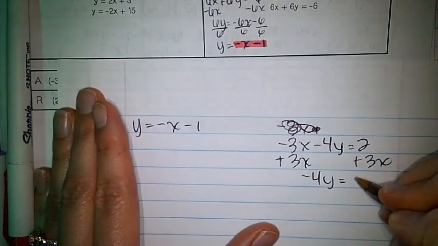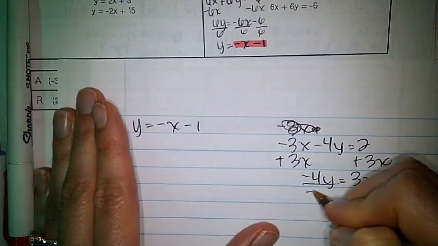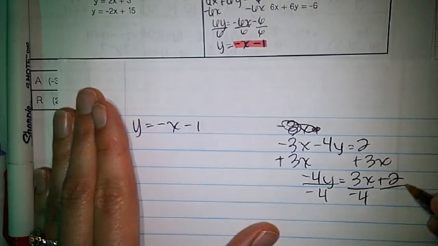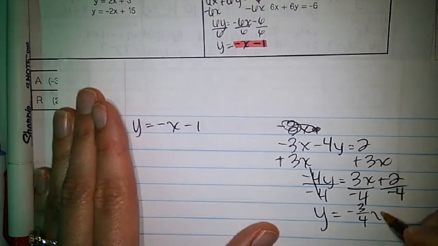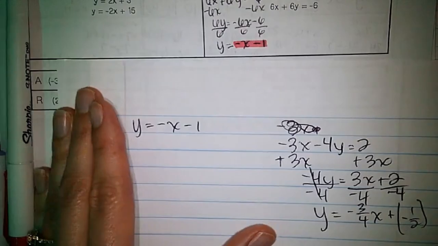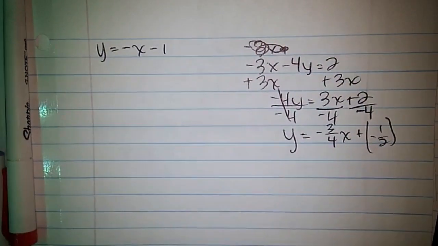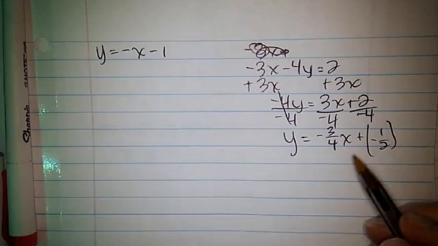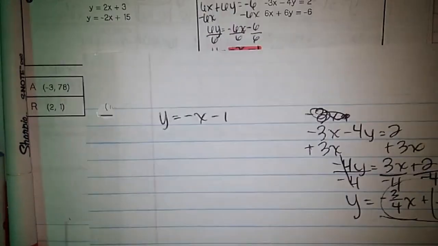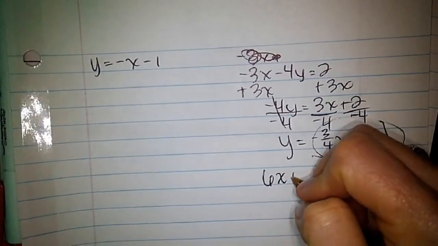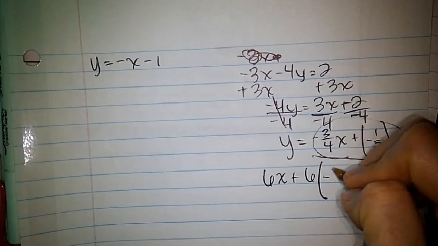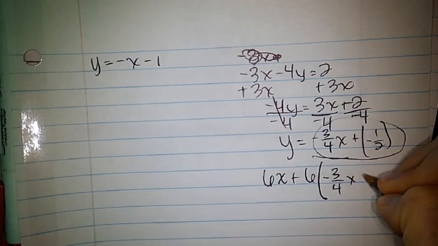I could take all of this information and plug it into this equation. Or I can take this information and plug it into the other equation, which was negative 3x minus 4 times negative x minus 1 equals 2. Either way, it doesn't matter. I'm going to get the same answers.